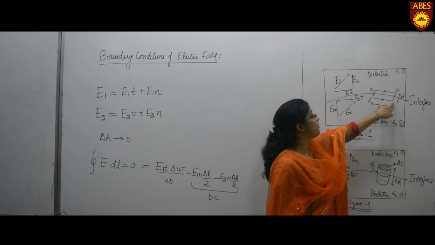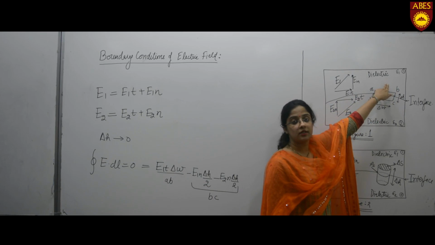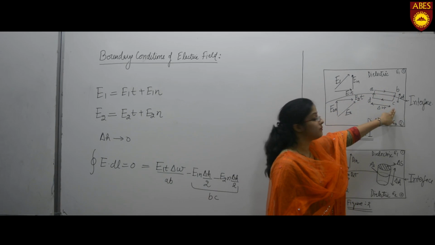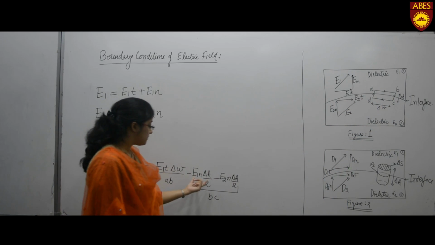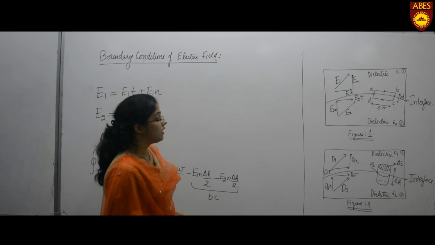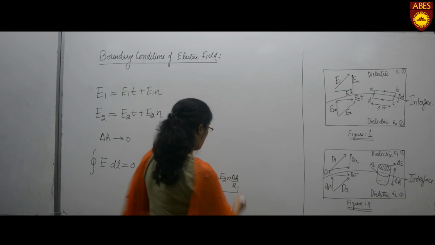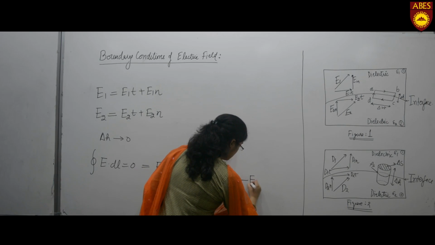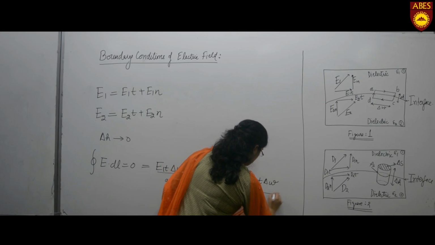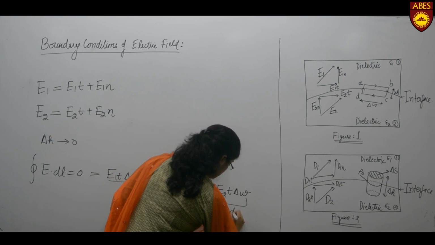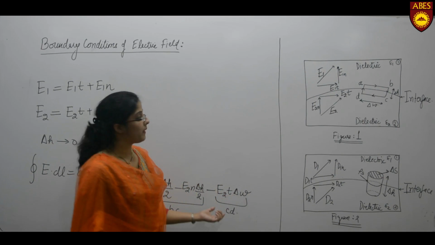The upper part of path BC comes under region 1 and the lower part comes under region 2. That is why two terms have come for this path. Now for the path CD, again the term comes as this. This is the term belonging to path CD.